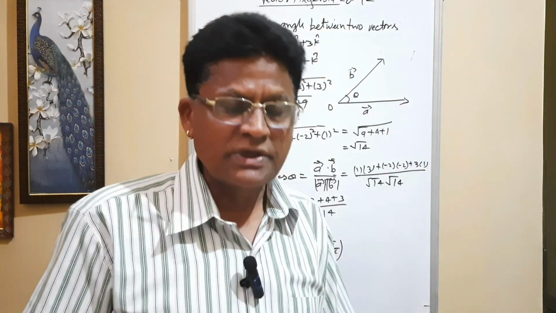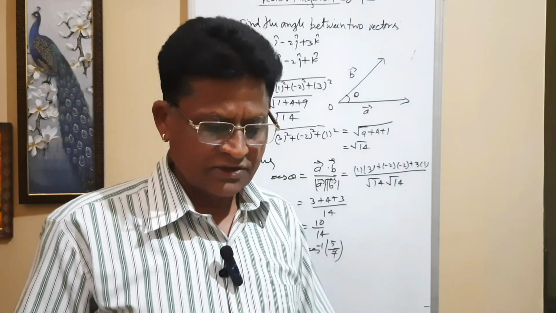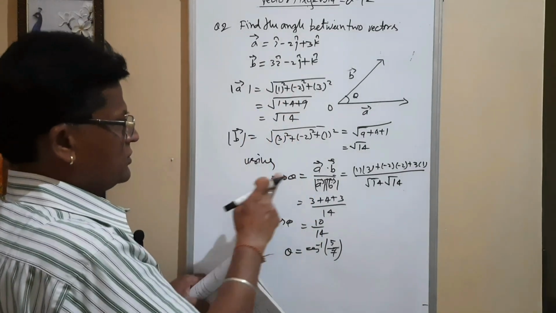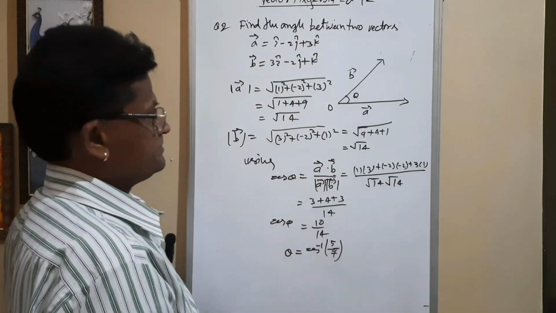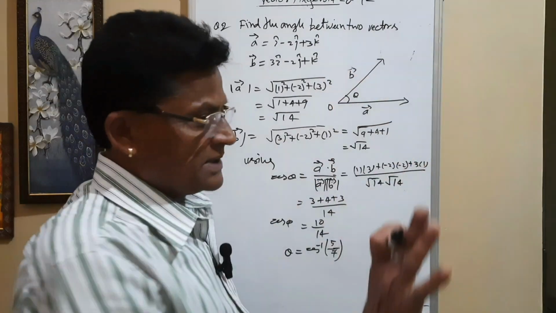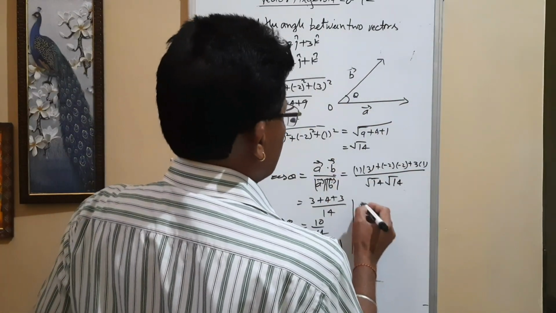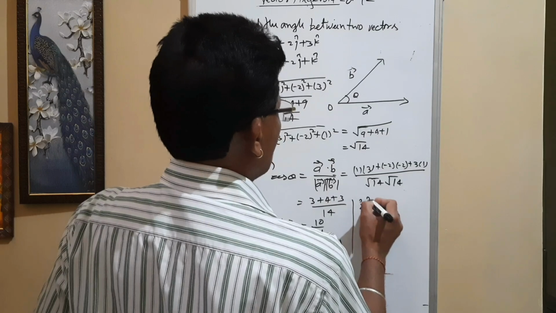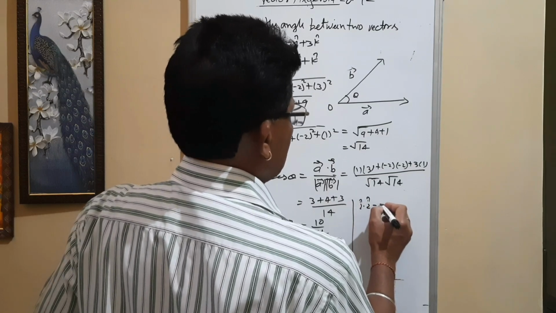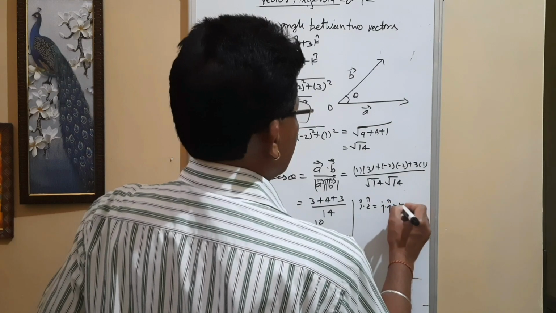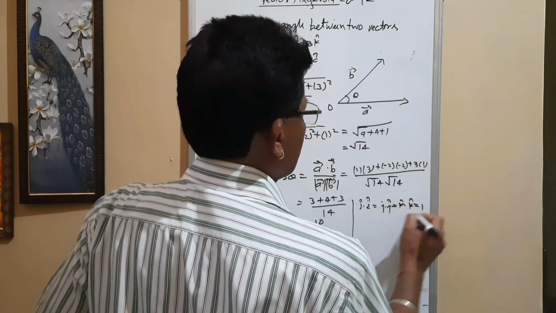That is why it is a very important question I am discussing, and you see, find out their magnitudes as well as the dot product. I have already told you about the dot product. In the dot product you can also use this, which is very, very important: i dot i, j dot j, k dot k, its value will be 1.